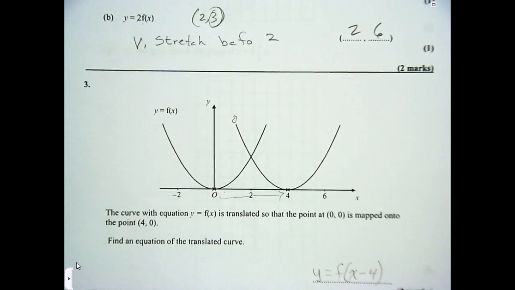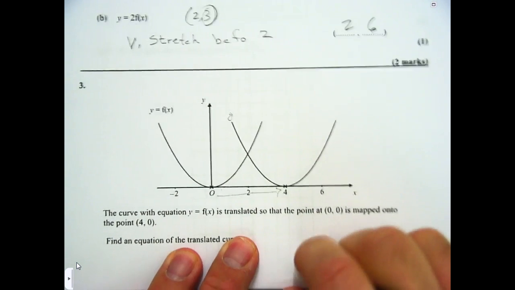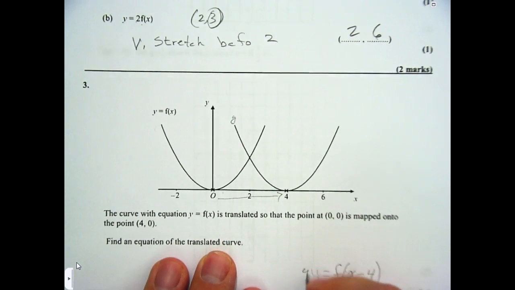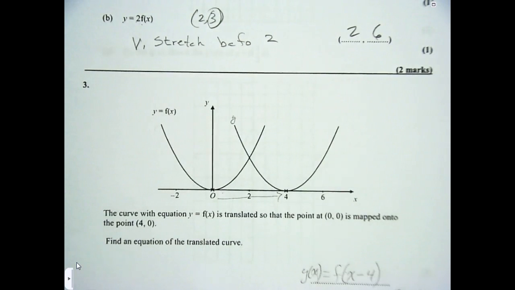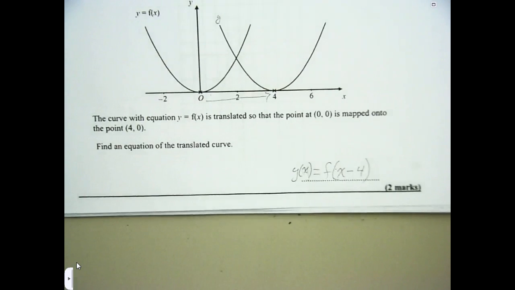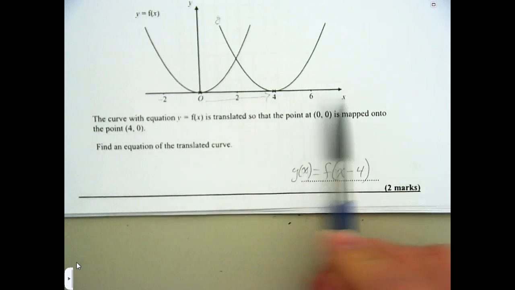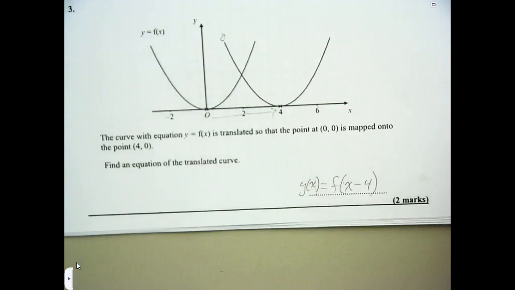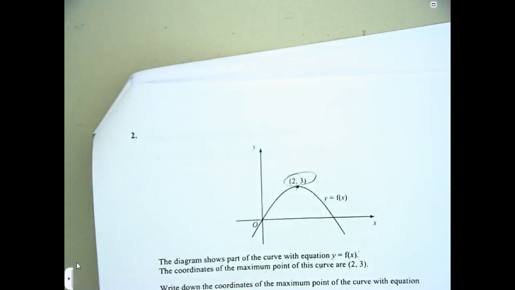Yep. I'd call it g of x equals f of x minus 4. Very good. So what's happening on the inside, it's translating it horizontally, so it goes to the right 4. All right, next page. Many of you have that one.